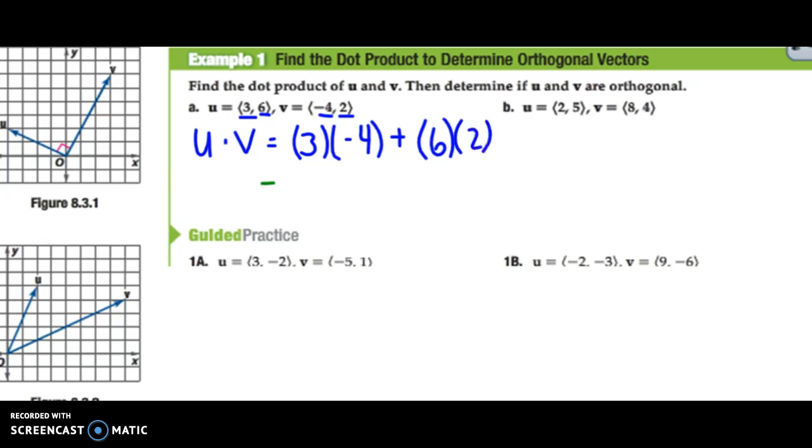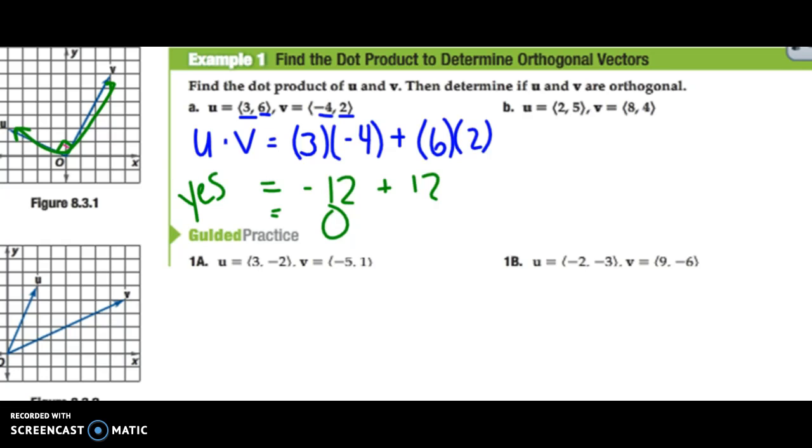So I multiply those together, and I get negative 12 plus a positive 12, which equals 0. So since it added up to 0, that means that these lines are orthogonal. So are they orthogonal? Yes. And you can see the picture right here. Okay? Right here they meet at a 90-degree angle, which is what we're looking for.